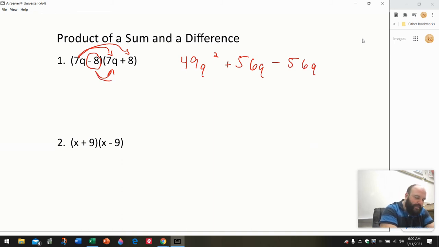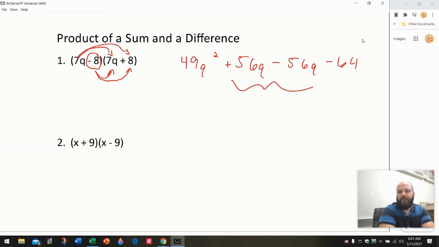And lastly, I take the negative 8 and multiply by positive 8, and I get negative 64. So you can see it's a little different in the way the signs worked out too. But the important thing to notice is that we do still have like terms in the center, but those like terms are opposites. So those two will actually cancel.